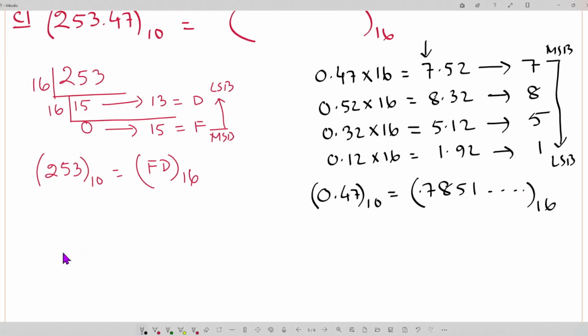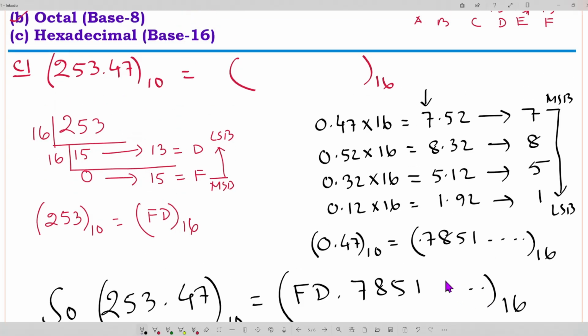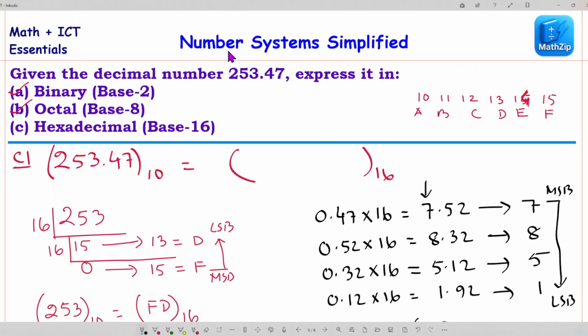So our final result, 253.47 is a decimal and we can write FD.7851 dot dot dot, base 16. So no more today, we have completed the solution of decimal to binary, octal and hexa for the number 253.47.